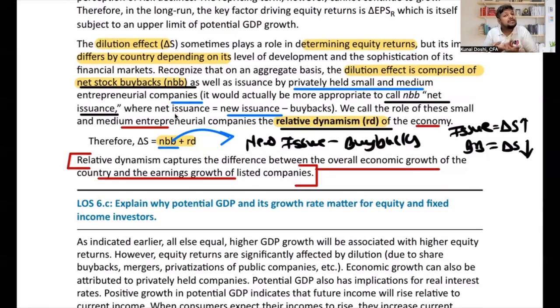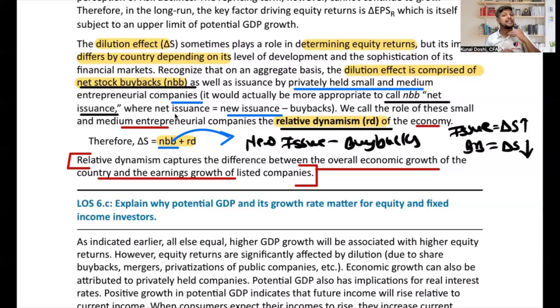So the companies which are expected to grow more than the economic growth rate, that extra growth rate is called relative dynamism. So if some companies are expected to grow at a very high rate, the RD is positive. Relative dynamism is the difference between the overall economic growth rate and the earnings growth rate of the company.